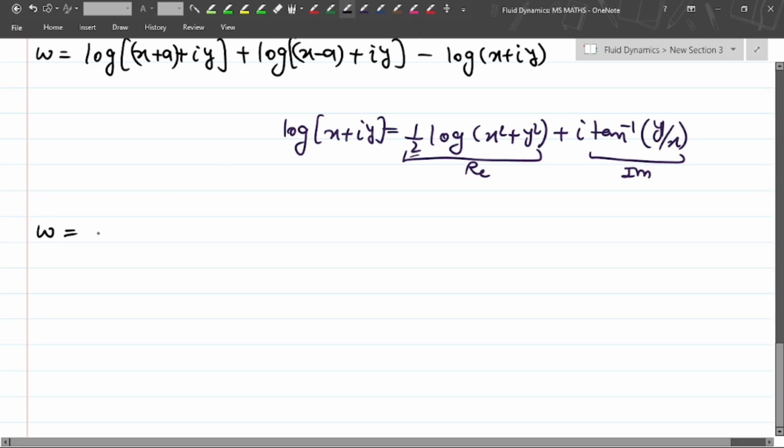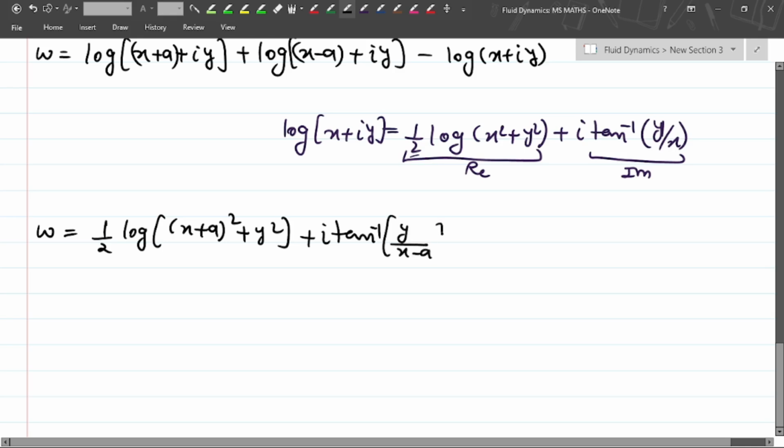So my w is equal to log a plus b. I will apply this: 1 by 2 log of x plus a whole square plus y square plus iota tan inverse y upon x plus a.